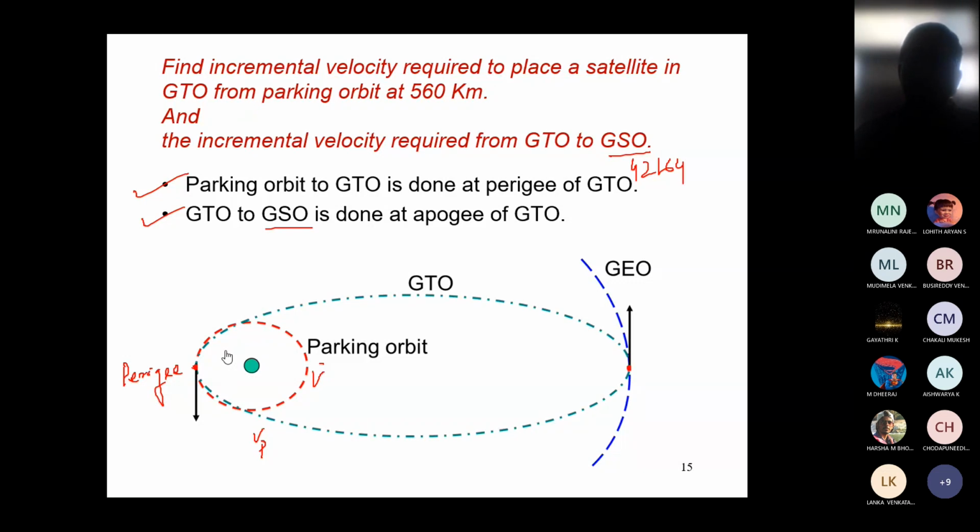So we have to find out the incremental velocity whenever the satellite changes from one orbit to another orbit. This difference is called the additional velocity required to put the satellite into another orbit, that is called GTO orbit. So that we have done here.